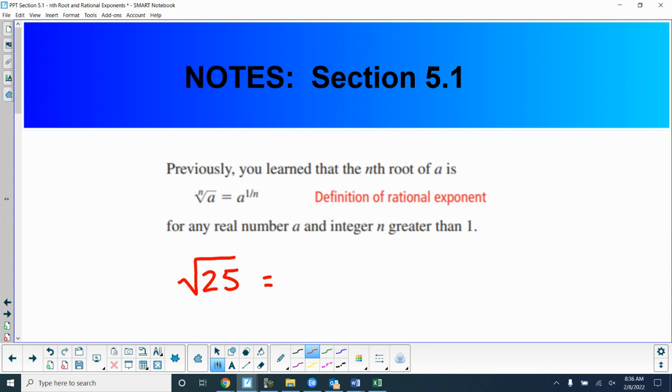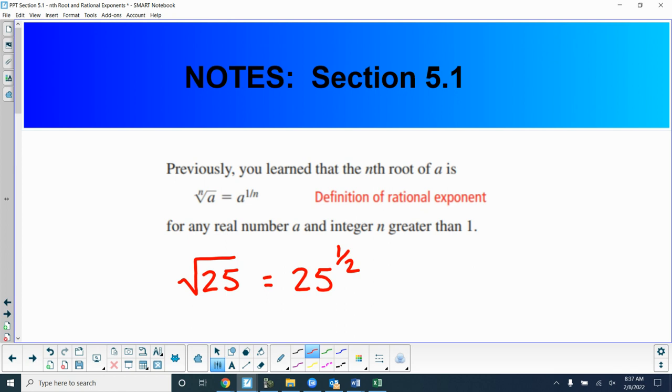What do we call that? Square root, right? So what fraction is that for, 1 over what? Because it's a square root. 2, yeah. When you square something, you take it to the second power, right? So that's what that's saying.